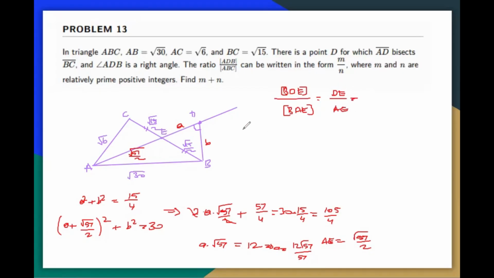And I know that DE is A, which is this number. Maybe I could write 12 over root 57, which is okay, but I'm going to write 12 root 57 over 57, over AE. AE is this guy, which is root 57 over 2.